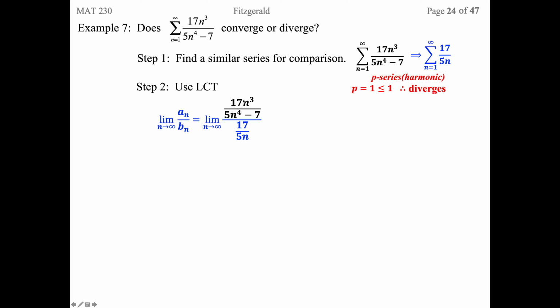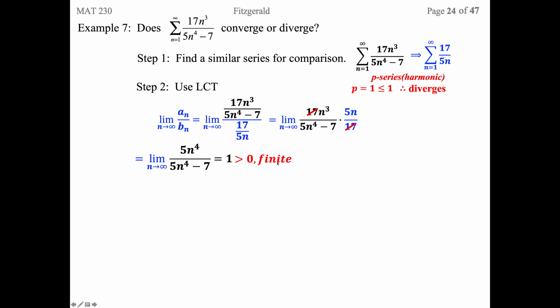So original sequence function divided by our comparison function, multiply right away by its reciprocal, and let's do some cleanup here. 17 cancels 17. I'll have 5n to the fourth over 5n to the fourth minus 7. Again, I'm noticing a pattern here. Same powers top and bottom. 5 over 5 is equal to 1.